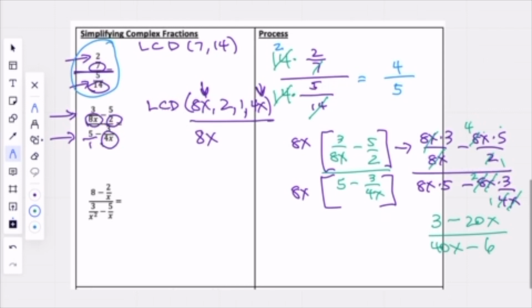Do you see anything going on there? Do you see any relationships? Well, what would happen if, just for kicks and giggles, I took this and made it negative 2 times 3 minus 20x?